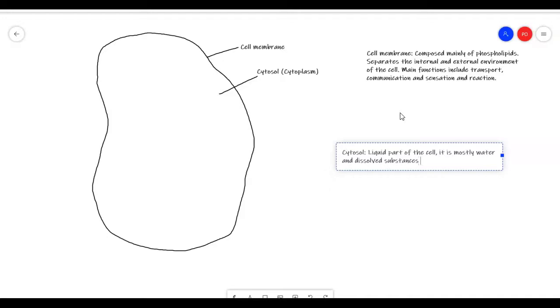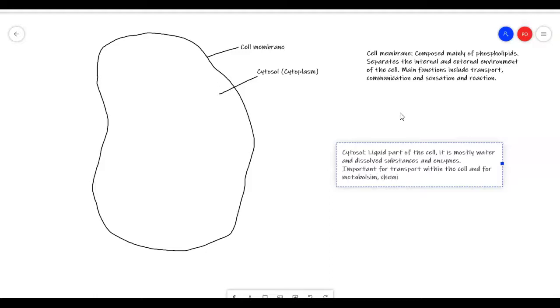And enzymes, let's say. So enzymes are specific proteins that catalyze chemical reactions. So they're really important for the metabolism of the cell. So the cytosol is important for transport within the cell and for metabolism.